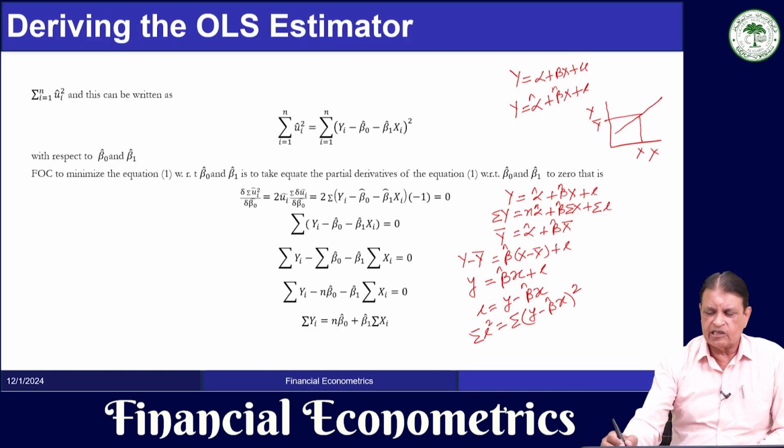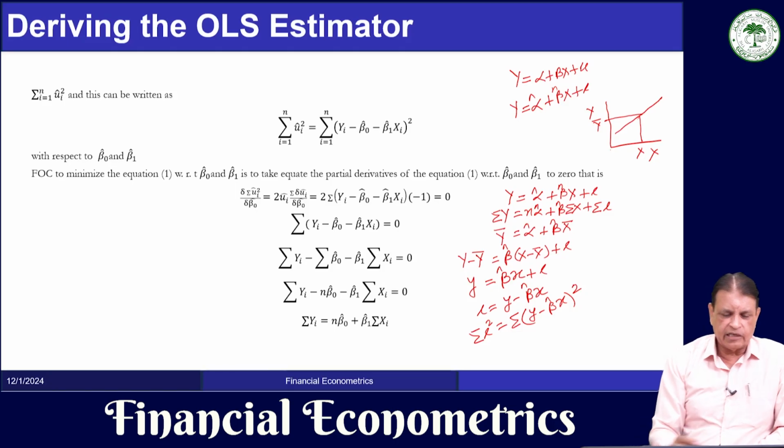So if you change the origin from here to here, it will not make any difference, the line is the same. So we can find out the slope of this line, we are taking advantage of that. So we'll minimize this summation e square with respect to beta hat.